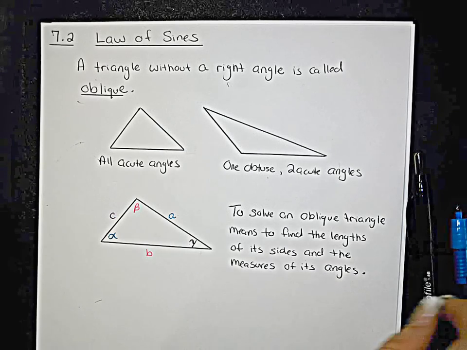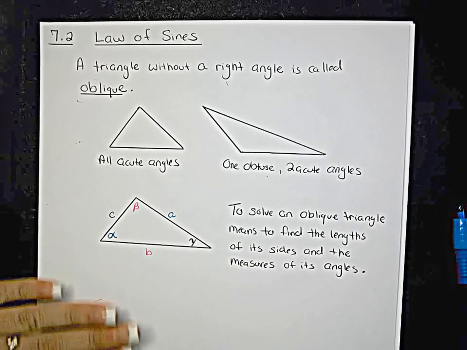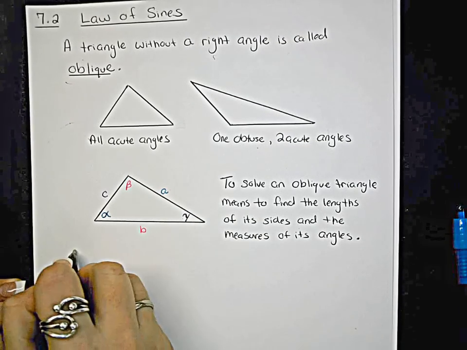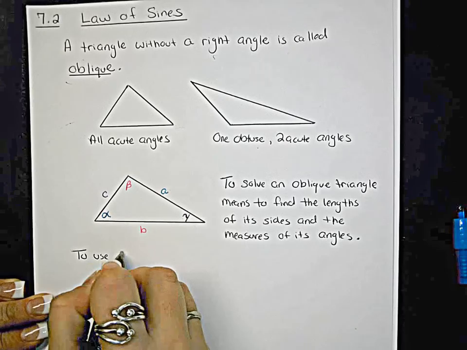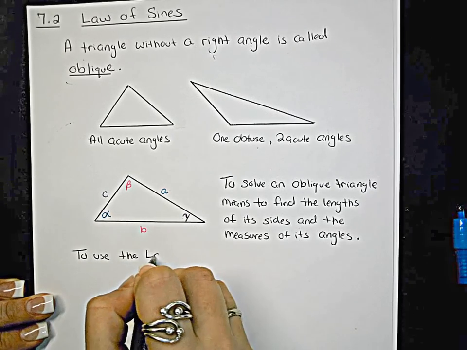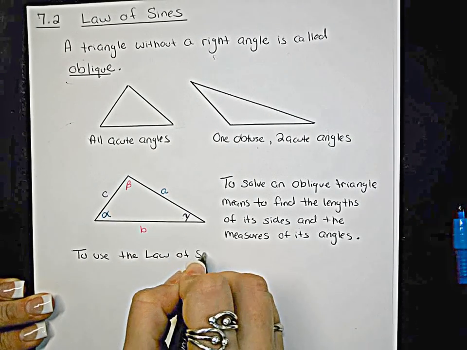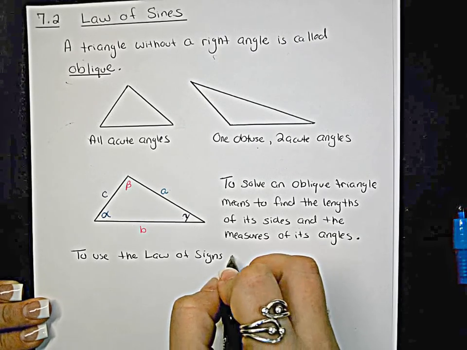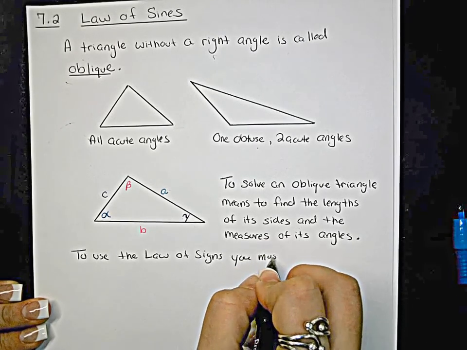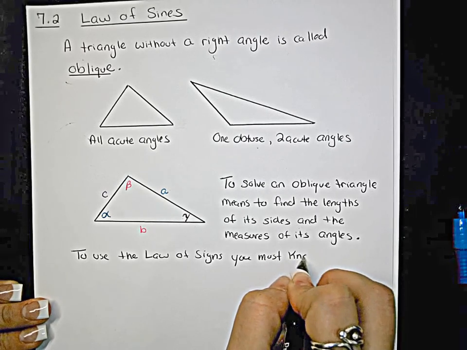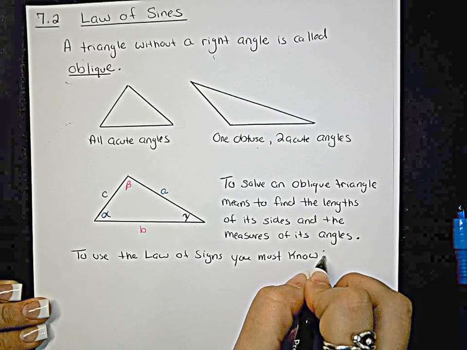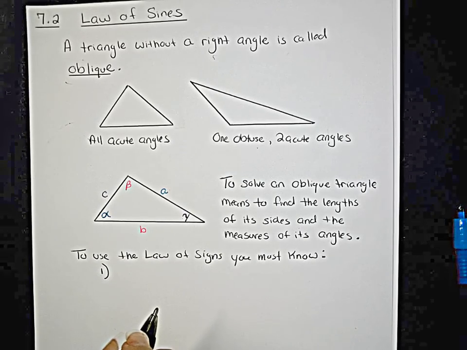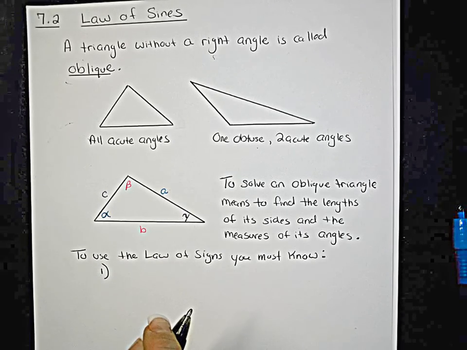Now, to use the law of sines, you need to know two things. The first thing you have to know is the length of at least one side.